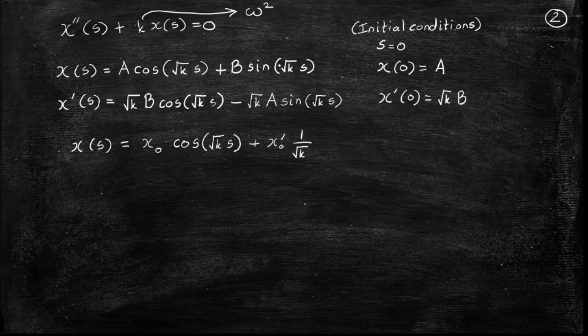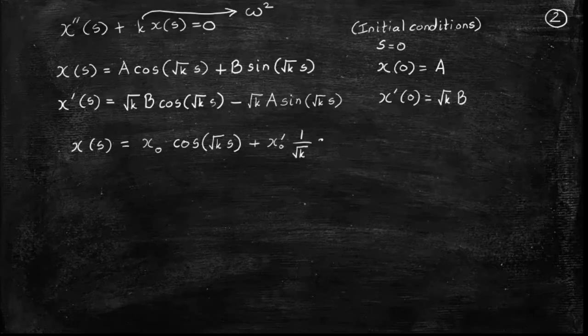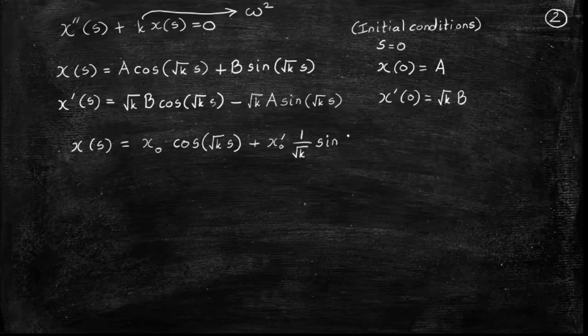Here you have only b. So b, if you want to substitute, is x0 prime divided by root k. So that is why you get x0 prime divided by root k multiplied by sine of root k times s.